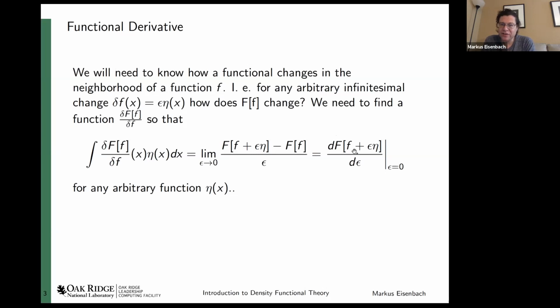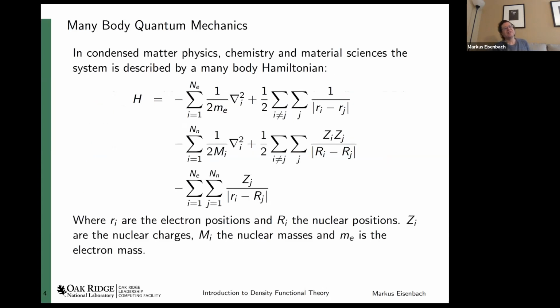So the derivative of capital F of f plus epsilon eta d epsilon at epsilon equals 0 is basically the definition of the functional derivative, if that holds for any arbitrarily chosen function eta. In practice, one can actually quite often get away with choosing the Dirac delta function as eta.